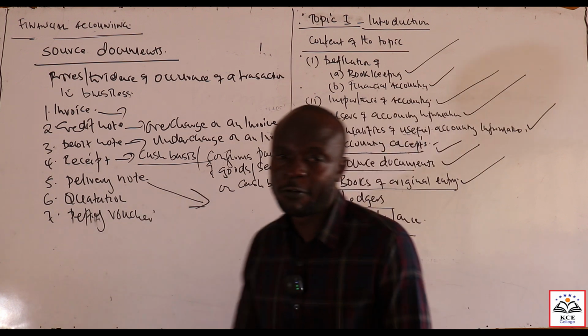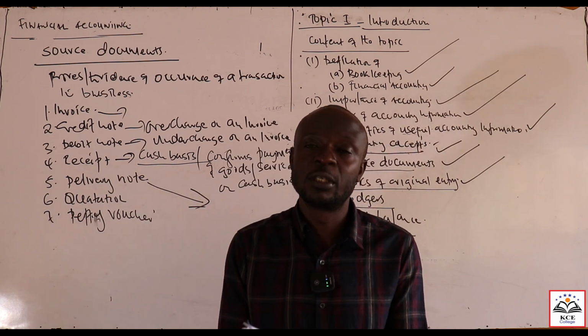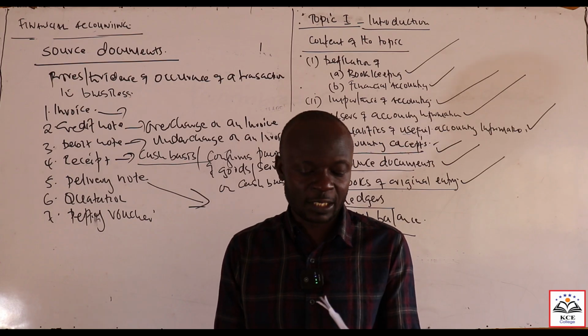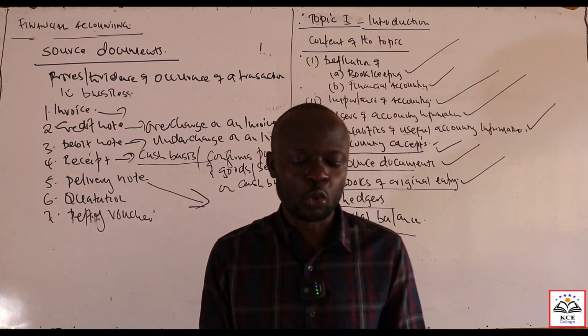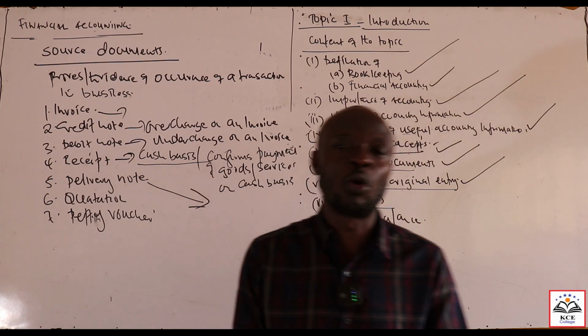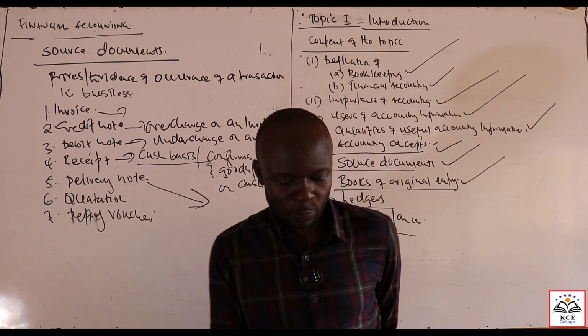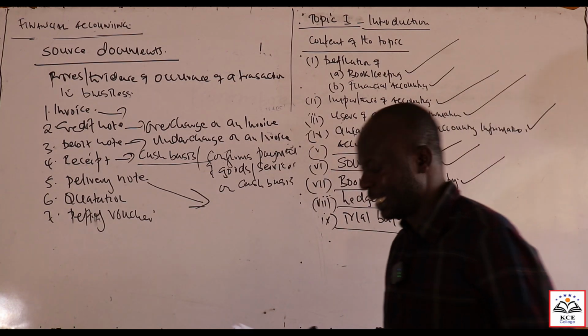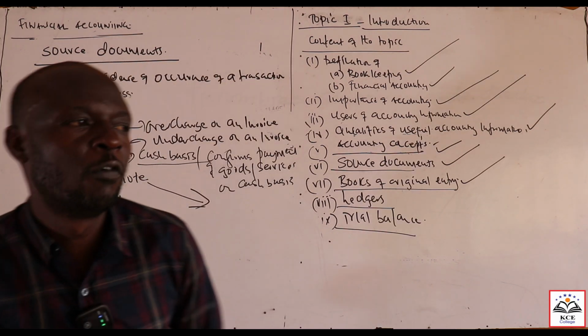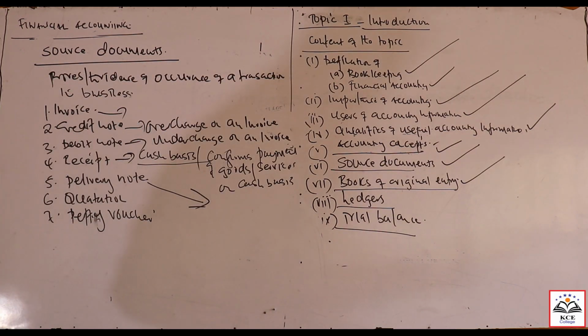So every time you deliver goods, that customer must acknowledge the receipt of the same by signing what we call a delivery note. It certifies the delivery of goods. We call it a delivery note.